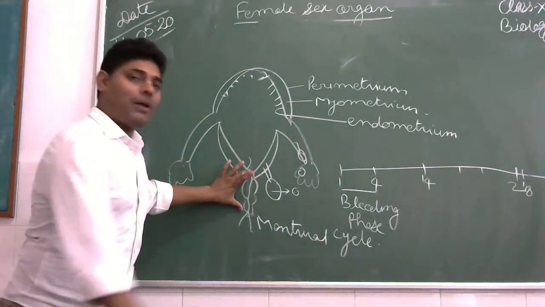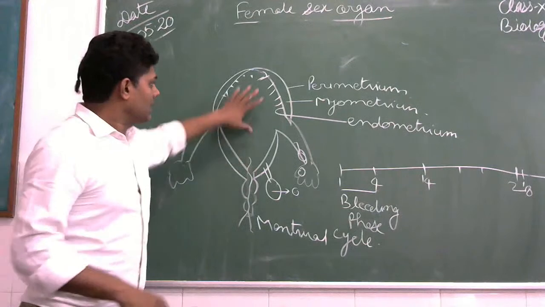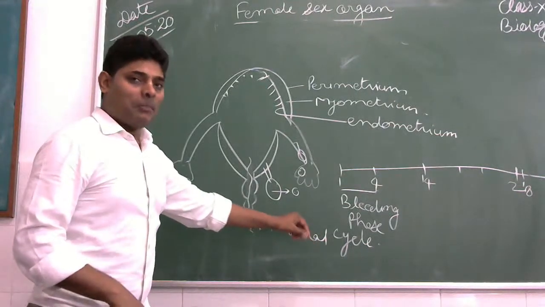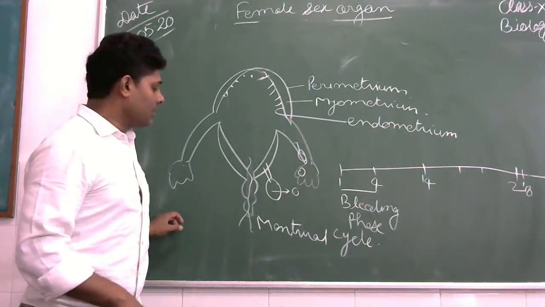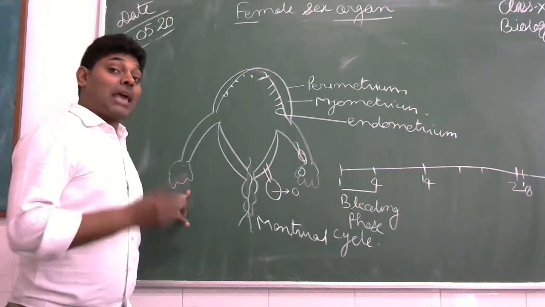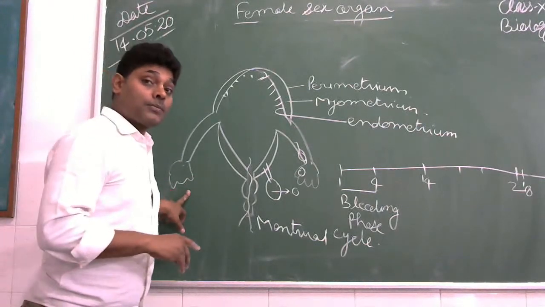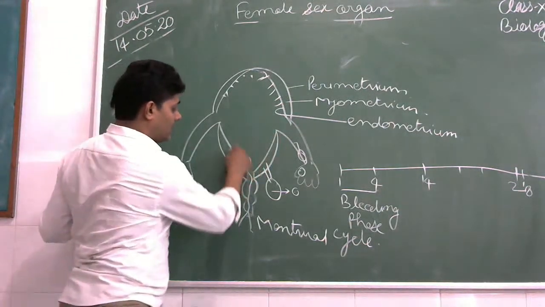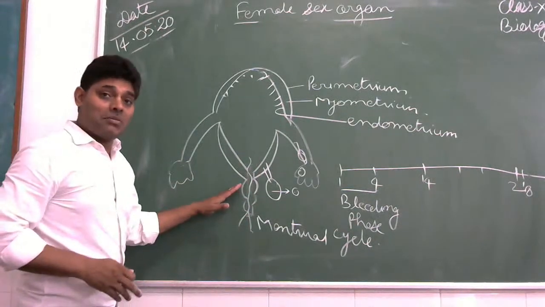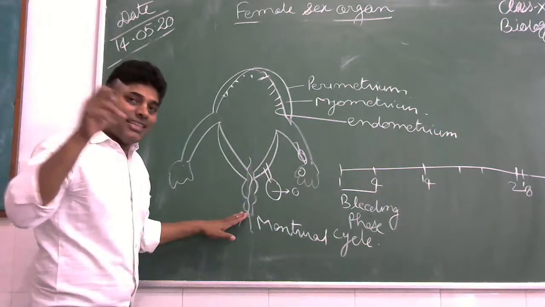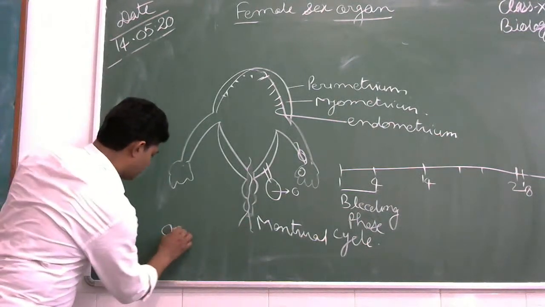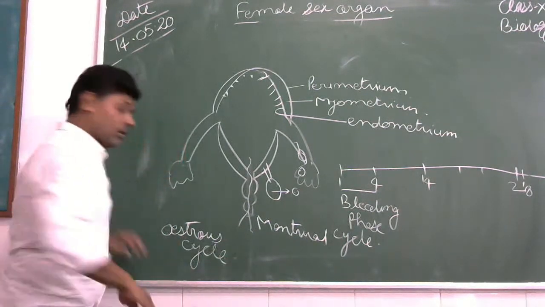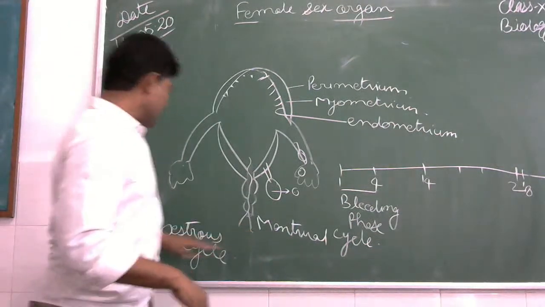Actually, this vaginal part is very short, that's why the blood oozes out from the vaginal aperture and is seen as blood clots, which is termed as the bleeding. In some mammals, such as cows and buffalo, the vaginal part is so long that the blood is absorbed within the vaginal membrane and does not ooze out. This type of cycle is termed as the oestrous cycle. Once again, what is the difference between the menstrual cycle and the oestrous cycle?